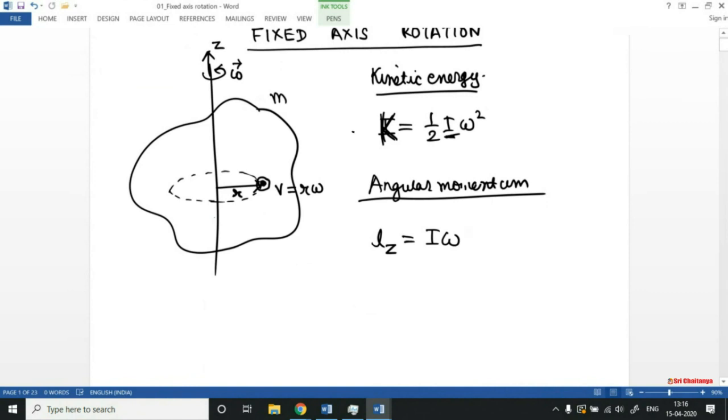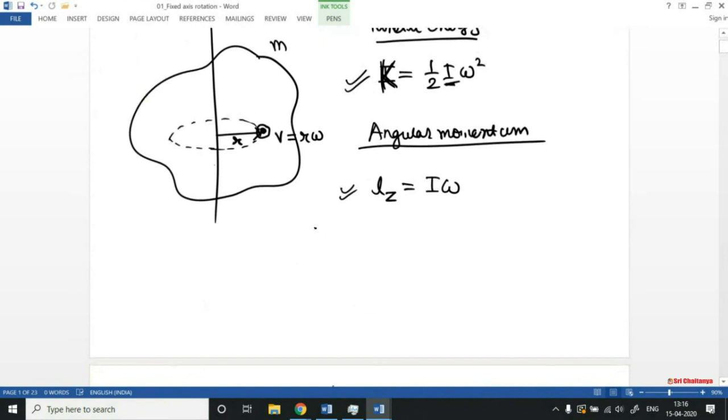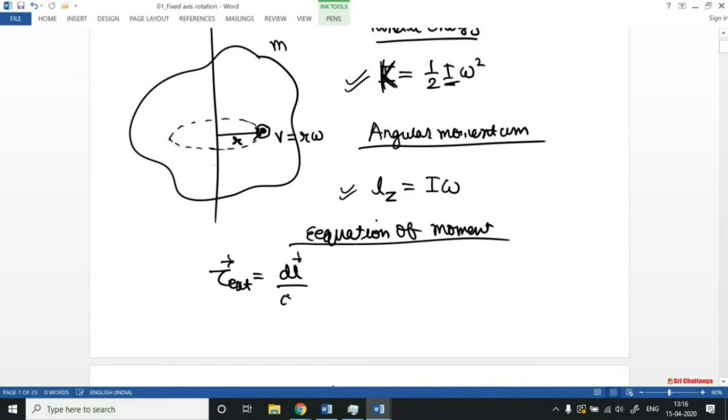So these two equations which we have written, K is equal to half I omega square, and Lz, the component of angular momentum about the z axis, is equal to I omega. These will be applicable for fixed axis rotation, or purely rotational motion of a rigid body. Apart from that, the equation of moments which we have just derived was tau external is equal to dL/dt.